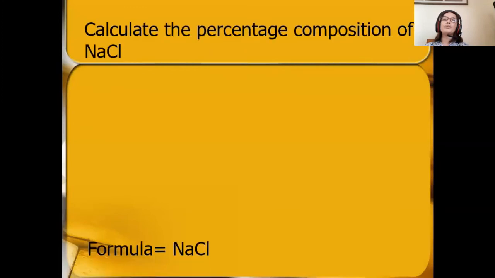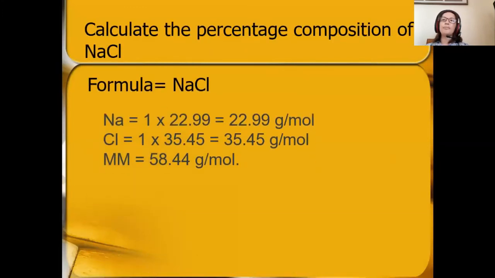Same with sodium chloride. We had computed a while ago how to get the molar mass. So in getting the percent composition, what will you do? For sodium, it's 22.99 divided by the total mass or the molar mass of 58.44, then multiply by 100. Same with chlorine, 35.45, you divide it by 58.44 and then multiply by 100.